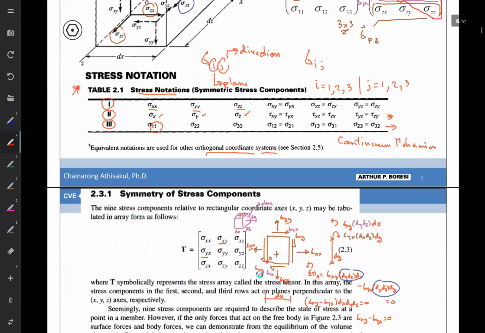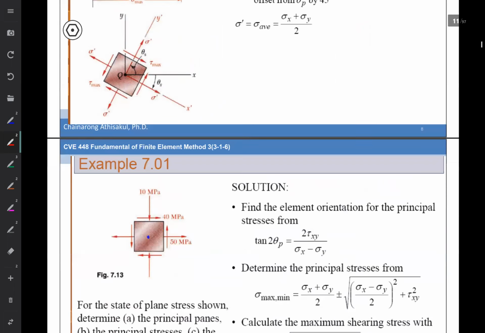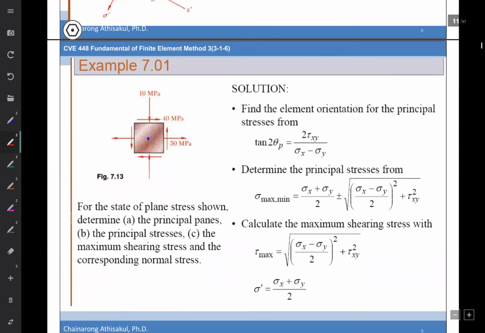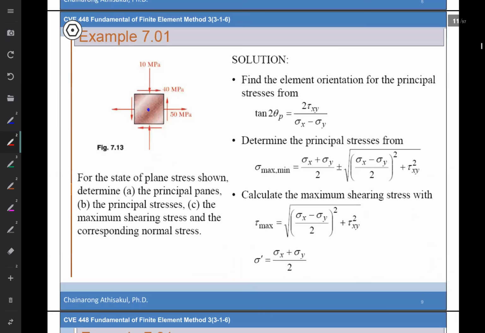So we will move to an example that is simplified to be just a 2-dimensional problem that you have learned in mechanics of materials. I selected this example from the text of Ferdinand Beer. According to this state of stress, the state of stress at a point, for example this point, the red point over here.